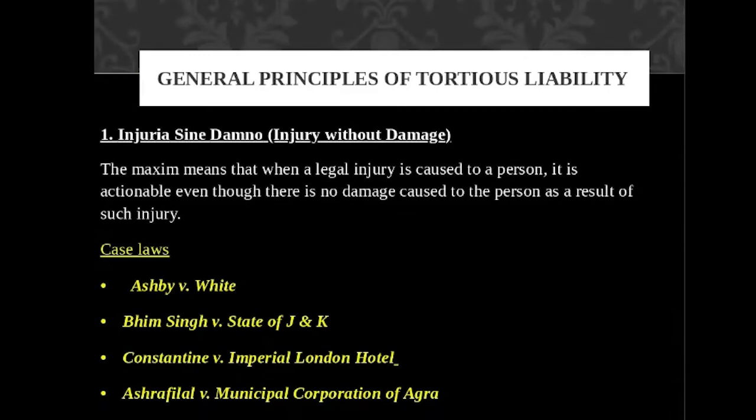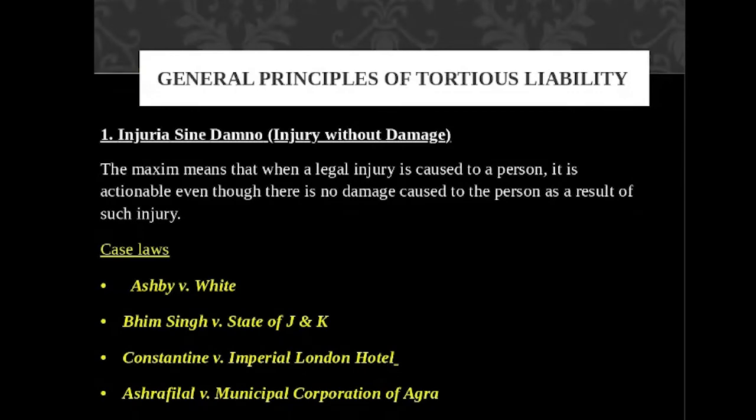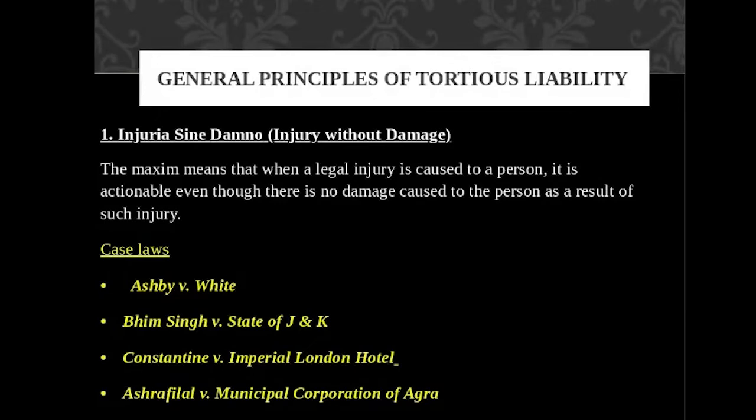The court held that even though the plaintiff suffered no damage, there was a legal violation. Therefore, the plaintiff was allowed to recover nominal damages from the defendant, because he has a right to stay in the hotel in which he had ordered. If he couldn't be accommodated there, then he is entitled to nominal damages. That is what the court held.